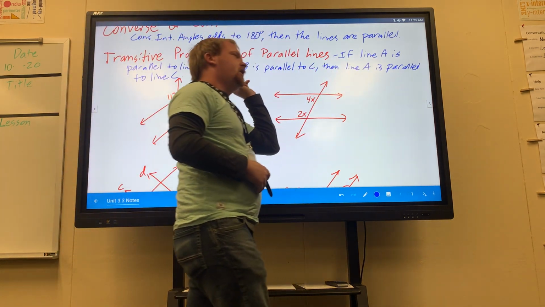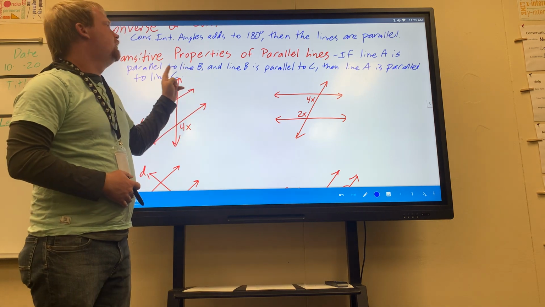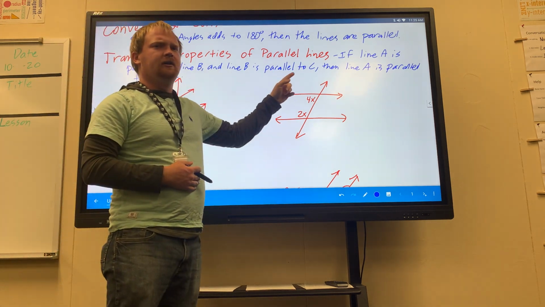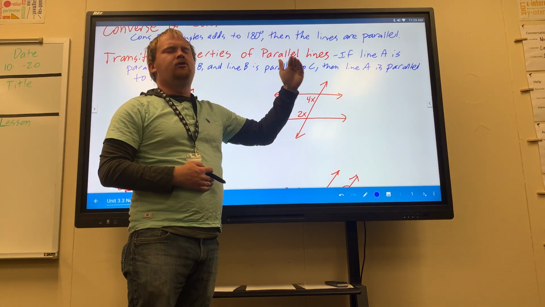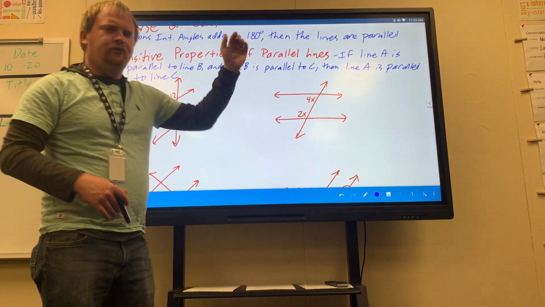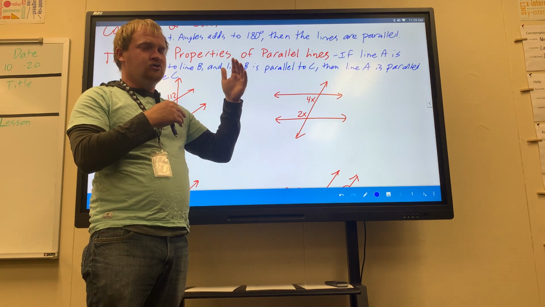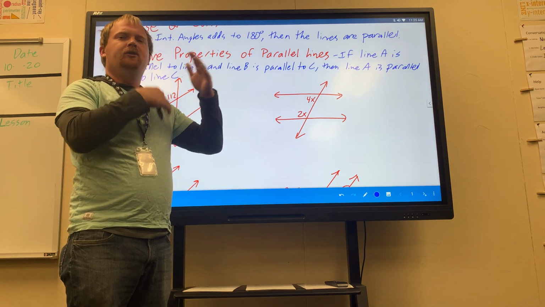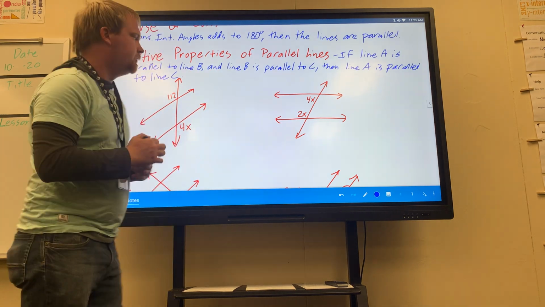So if the first line is parallel to the second line, and the second is parallel to the third line, then the first and third lines are going to be parallel. All three of those lines are going to be parallel to each other.